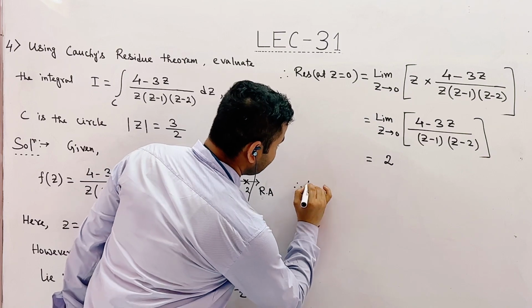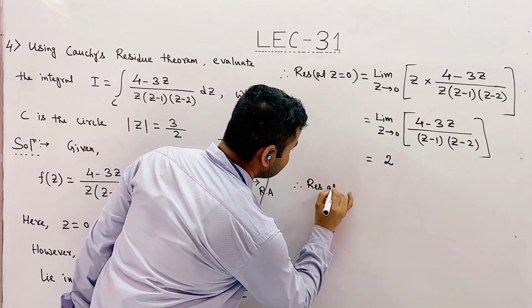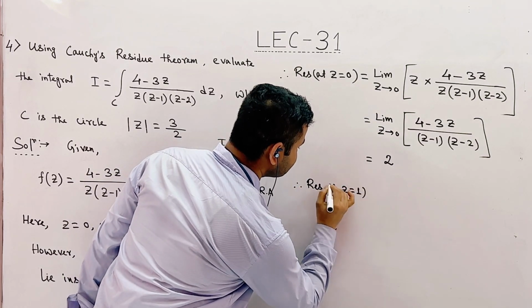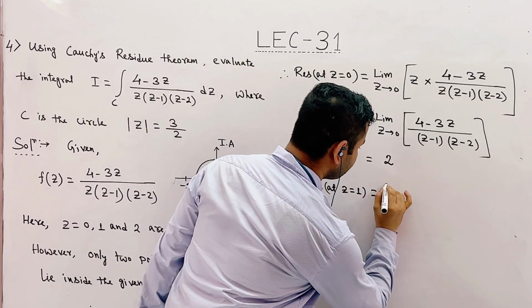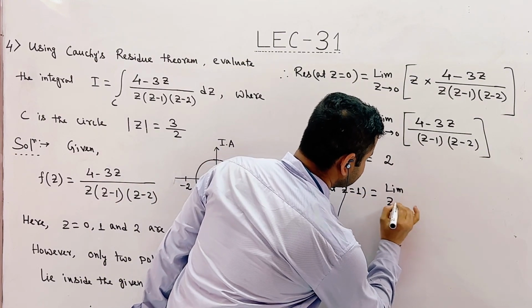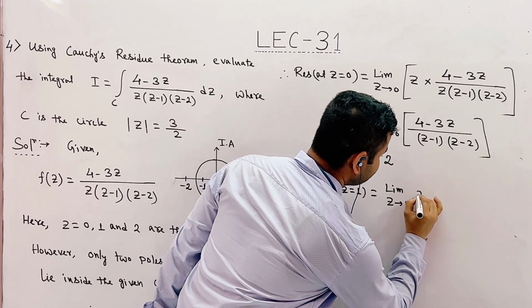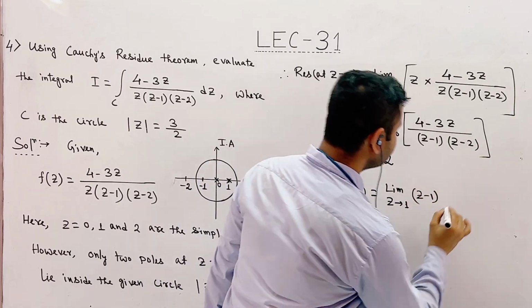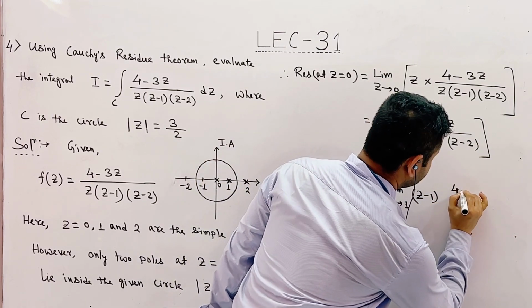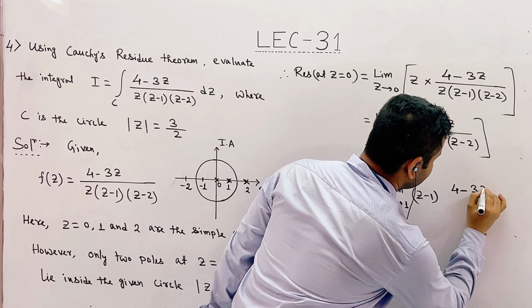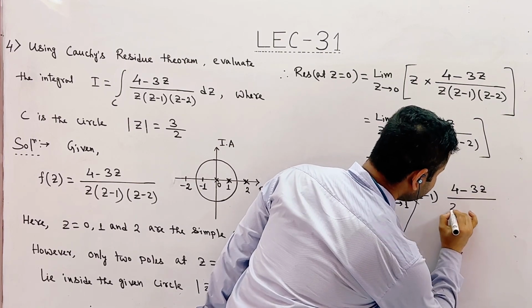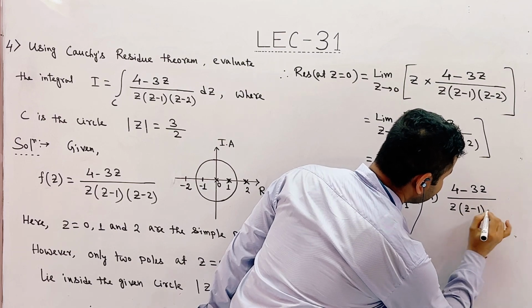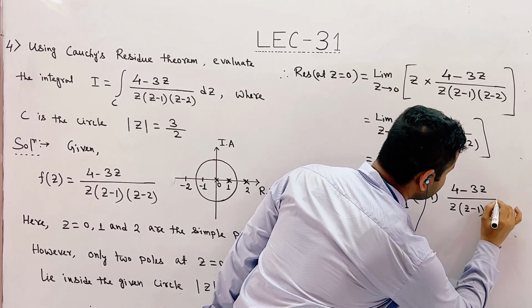Again, residue at z equal to 1 is given by limit z tends to 1 of (z minus 1) into f of z. That means (4 minus 3z) divided by z into (z minus 1) into (z minus 2).